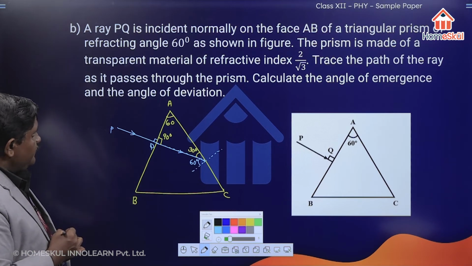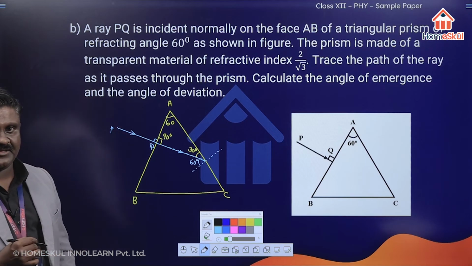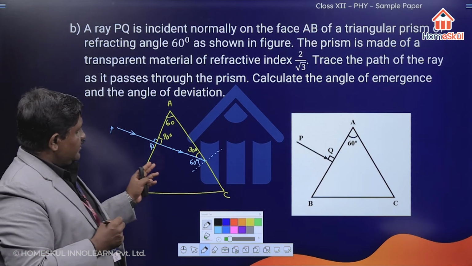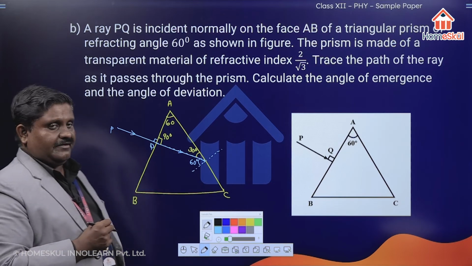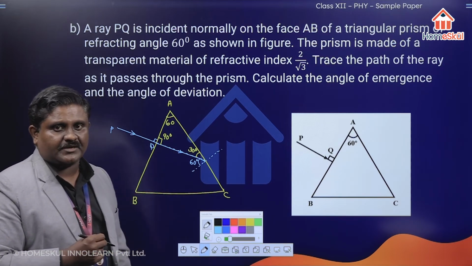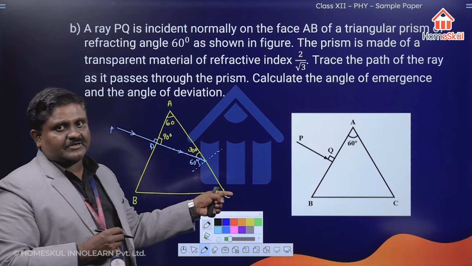Now we are going to calculate the angle of emergence. For that, we have to find out the critical angle, because the ray is traveling from denser medium to rarer medium.